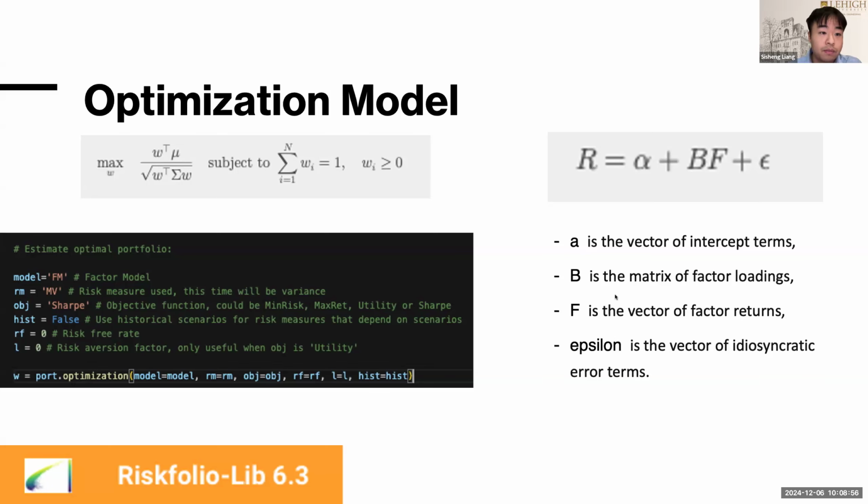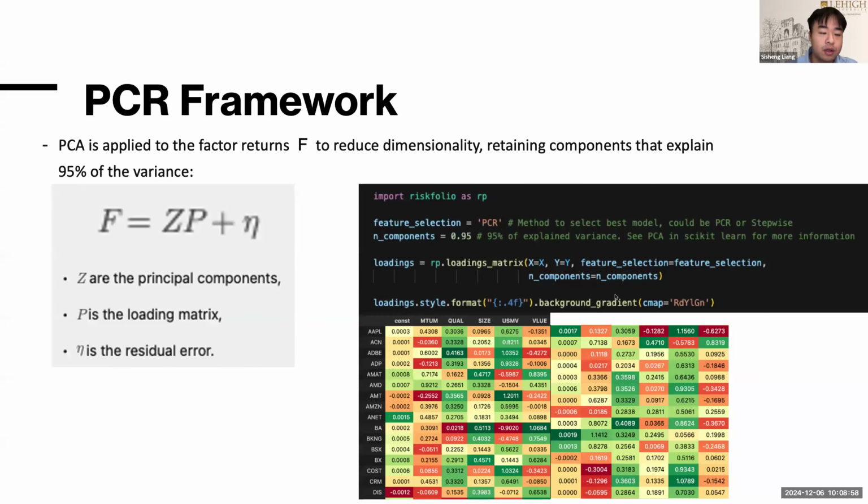And let's move to PCR. Here is the framework of my PCR that I apply in the Riskfolio library. The main idea here is to apply principal component analysis to the factor returns, denoted as F here, to reduce the dimensionality. This allows us to retain only the components that explain most of the variance.